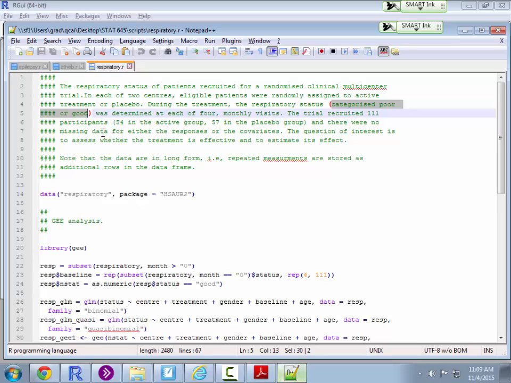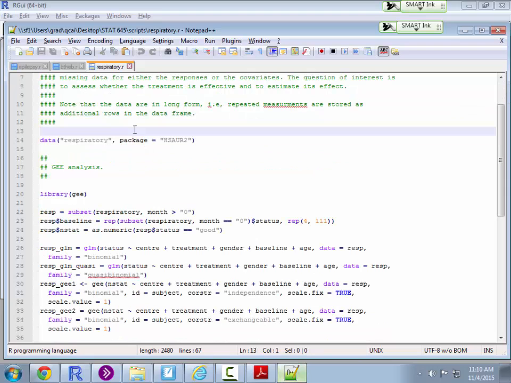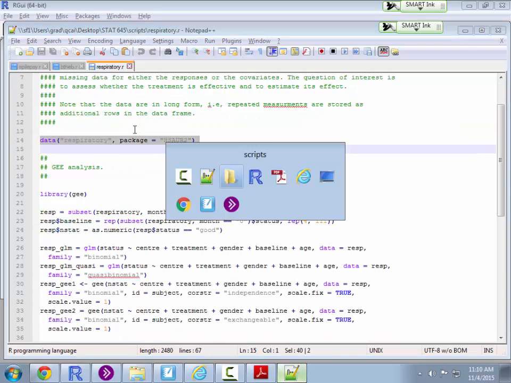So it's not a number. This is logistic regression because you're either 0 or 1, basically. 0 for poor, 1 for good. And I want to model the probability of being good in terms of covariates. That's logistic regression. We have 4 time points, and we have 111 observations. Okay, so let's load in the data and have a peek, and then I'll just run a model and we'll finish.